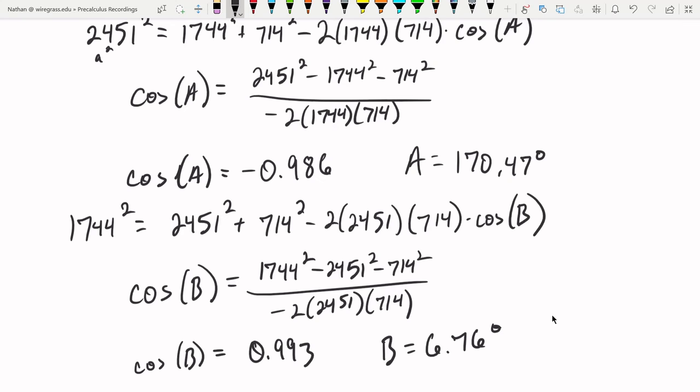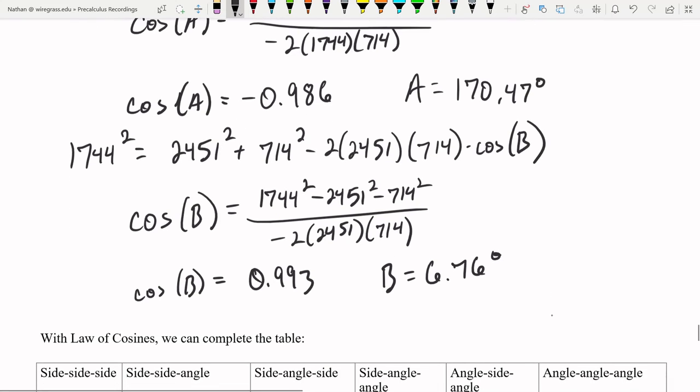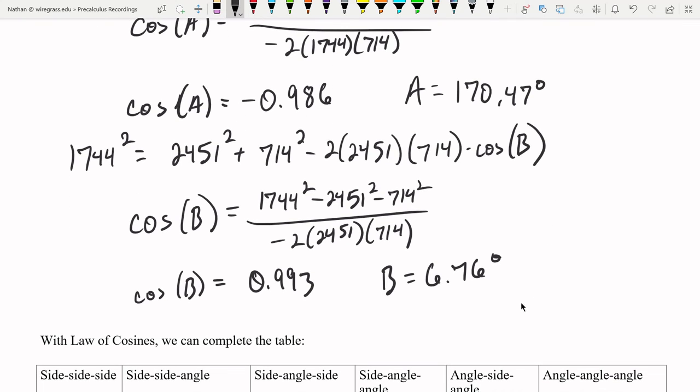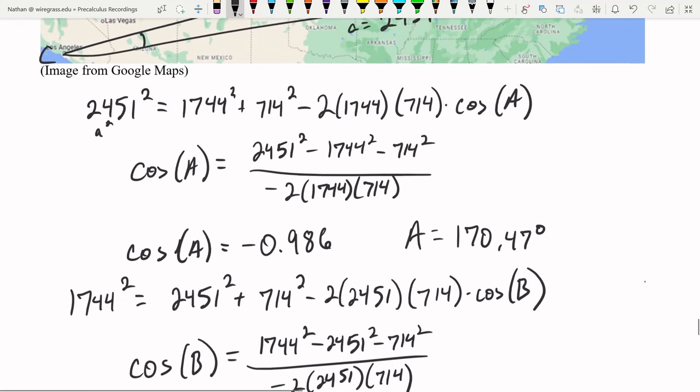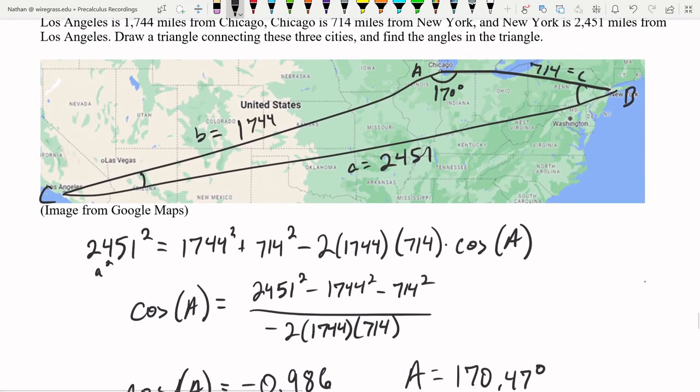Very small angle. And that means that C must equal 180 minus 170.47 minus 6.76. So C equals 2.77 degrees on this triangle. So now we've actually solved this entire triangle.